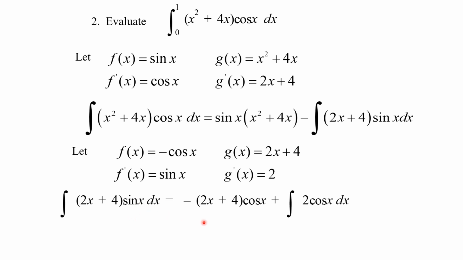Okay, so it's f x g x. So f x is negative cos x and g x is 2x plus 4. So it will result in negative 2x plus 4 cos x, minus integration of f x g prime x. So minus minus cancels out the negative, becomes positive 2 cos x dx over here.